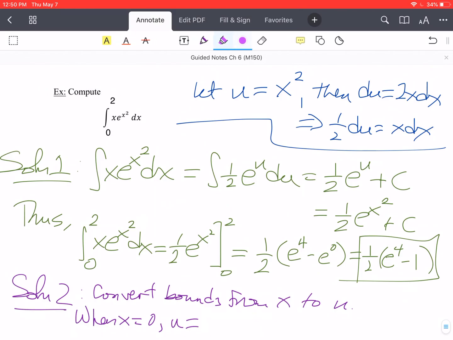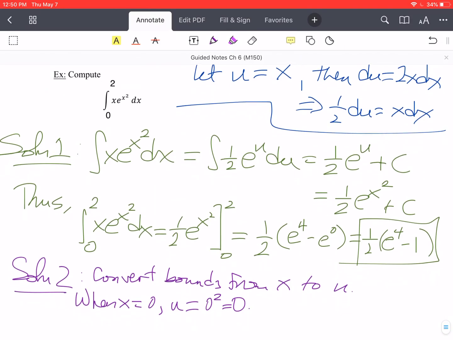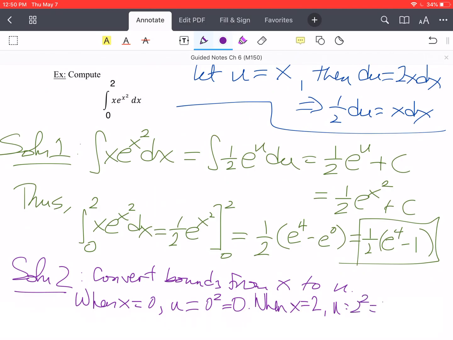U is just x squared, right? We have that right here. U is x squared. So when x is 0, u is 0 squared, which is 0. Okay, and then when x equals 2, u equals 2 squared, which is, of course, 4.